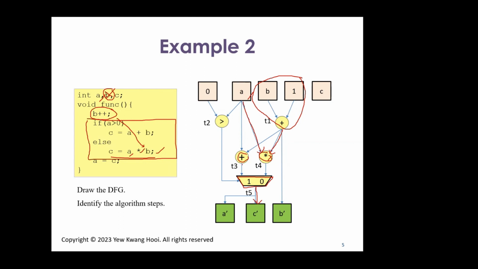That's why the output must come here first before going into C. All right. And finally, we are done with the if else block already, right? And finally, the result of C is copied to A.